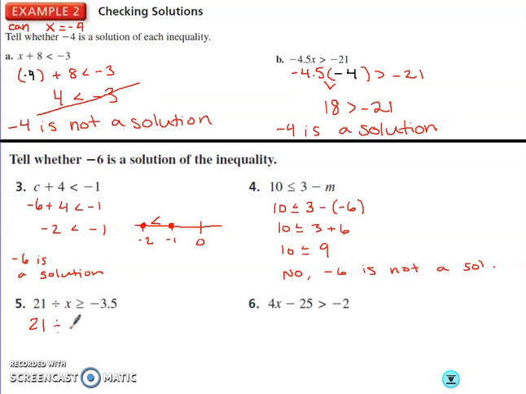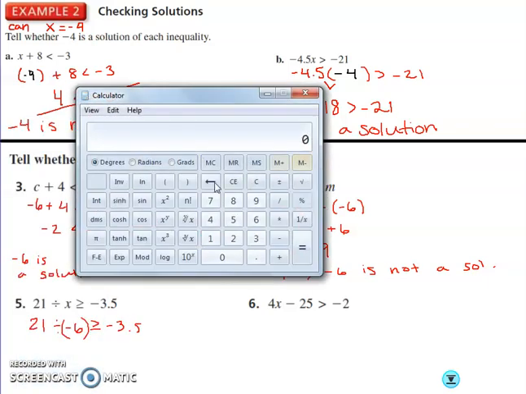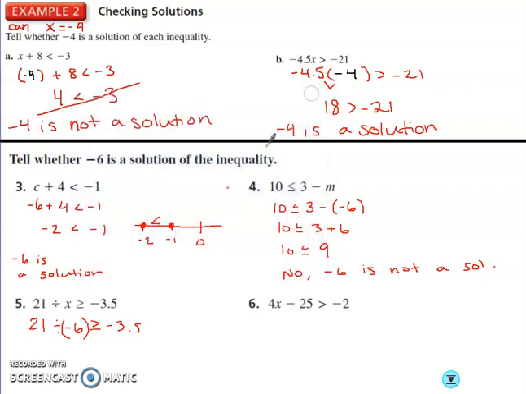In number 5, I'm still putting negative 6 in the x spot. If you need a calculator, please use a calculator. I've got 21. I am going to divide by negative 6, and I get negative 3.5. So negative 3.5 is greater than or equal to negative 3.5, and that is true because we are allowed to equal here. So yes, negative 6 is a solution.